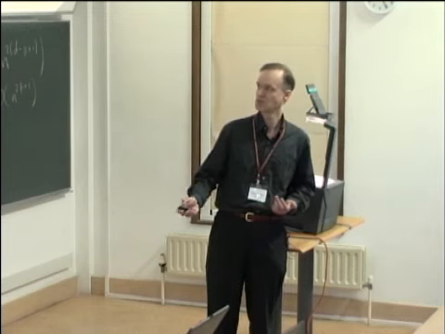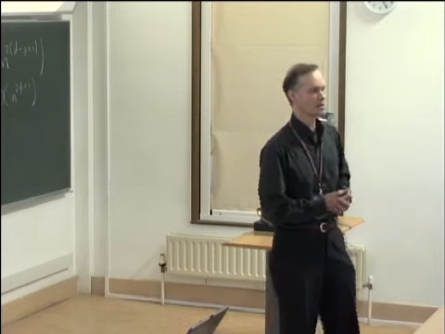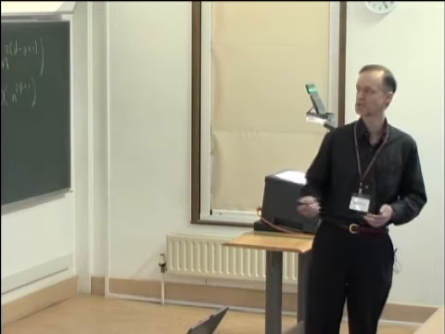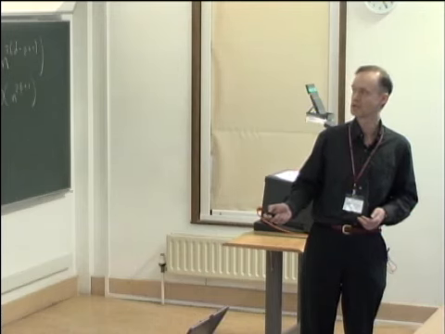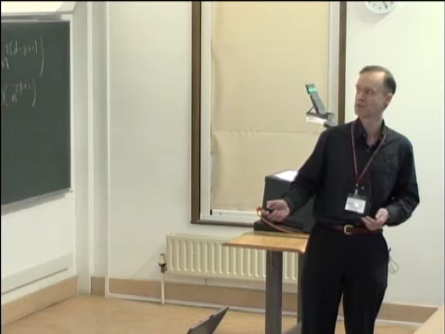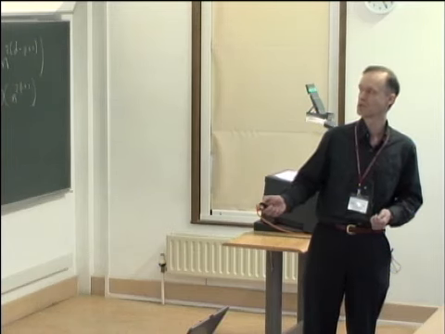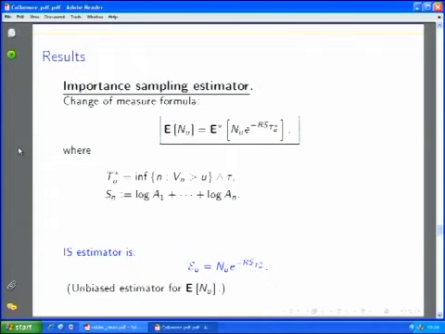So to show that this is efficient in a mathematical sense, we first need a way of relating the quantity that we're trying to estimate, the n sub u, with the same quantity in the shifted measure. So we have this representation formula here, which identifies an estimator for n sub u that is unbiased.